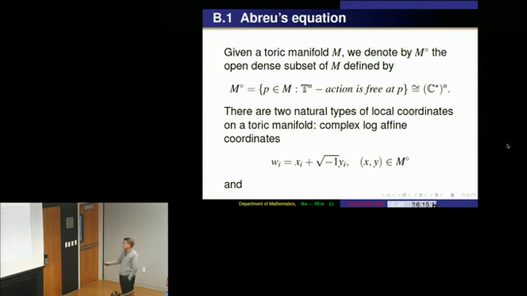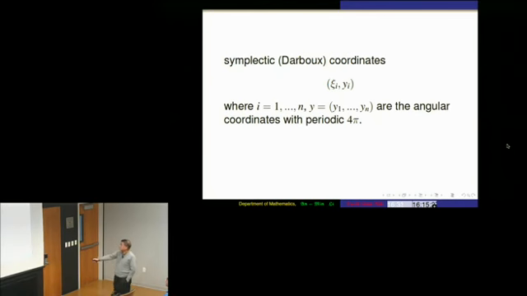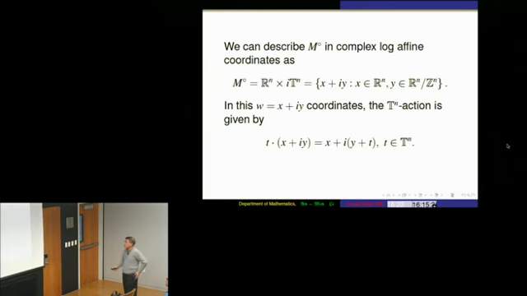There are two types of local coordinates on a toric manifold. One is the complex log affine coordinate, w_i, defined in this way. Another coordinate is called the symplectic coordinate, (xi, y_i). We can describe M0 in complex log affine coordinates. In this coordinate, M0 can be written as R^n times iT^n, meaning the set x plus iy, x belongs to R^n, y belongs to T^n.